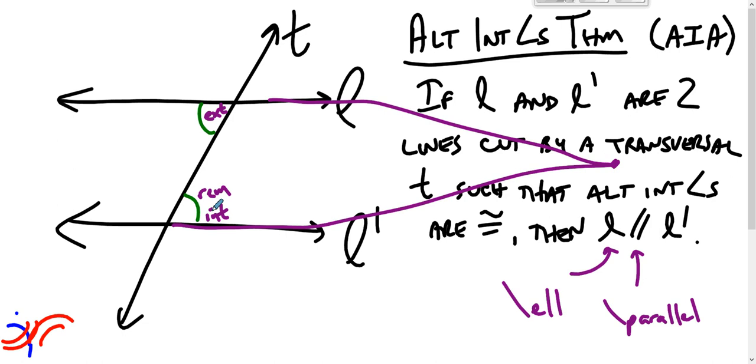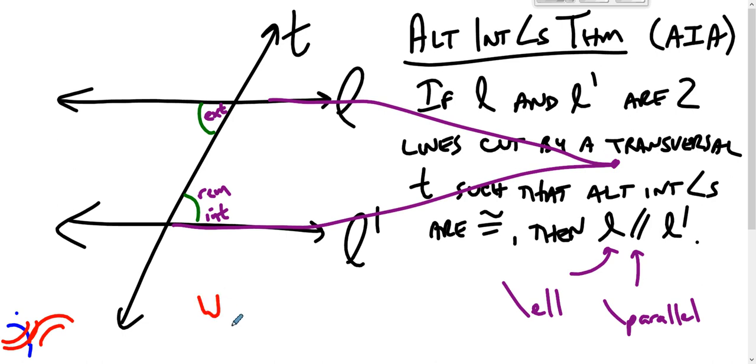And that violates the exterior angle theorem. And so it is not possible for these two lines to meet somewhere out here. And so these two lines cannot meet. Similarly, they cannot meet out this way for the same exact reason. So if the lines can't meet on this side of the transversal, the lines can't meet on that side of the transversal, then the lines can't meet at all. L is parallel to L prime.